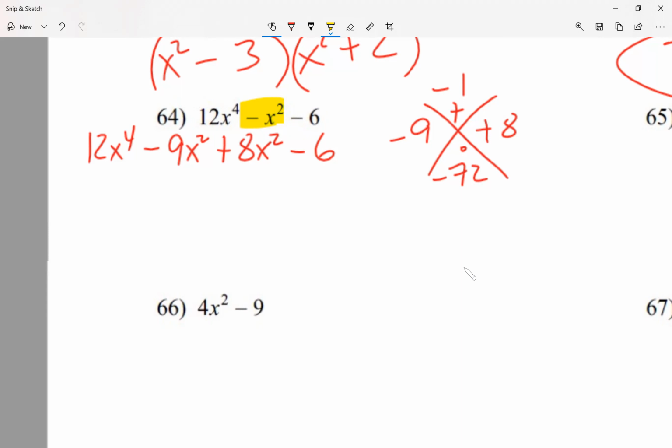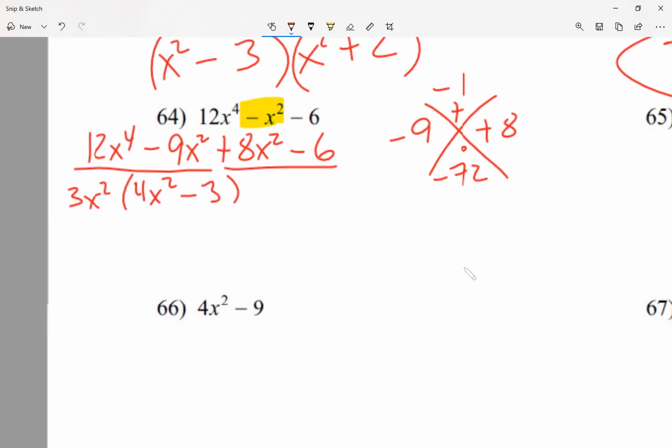I split it, so I will have 4 terms. When I have 4 terms, I look at my first 2 terms. 12 and 9, I can divide each by 3x squared. All right, so let me divide each by 3x squared. That's going to give me 4x squared minus 3.